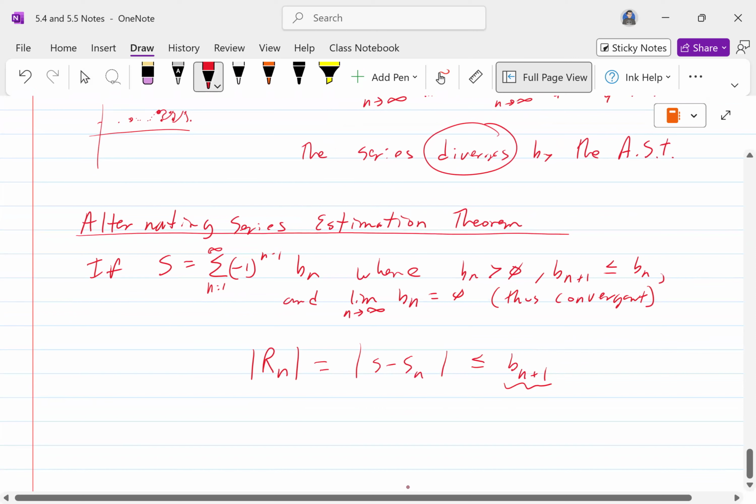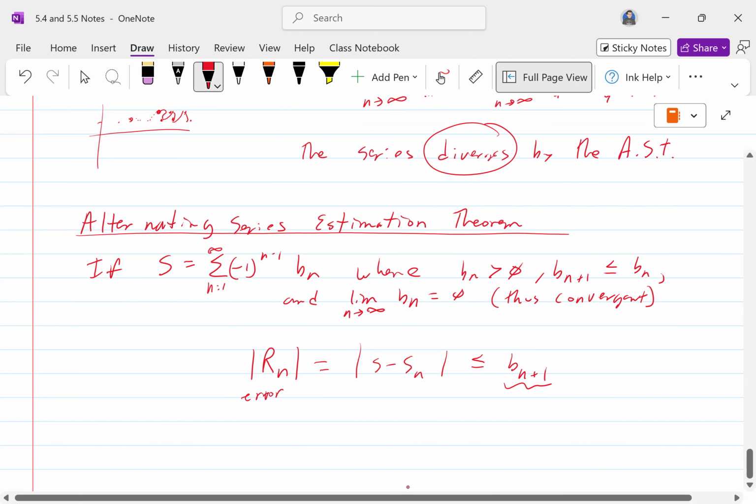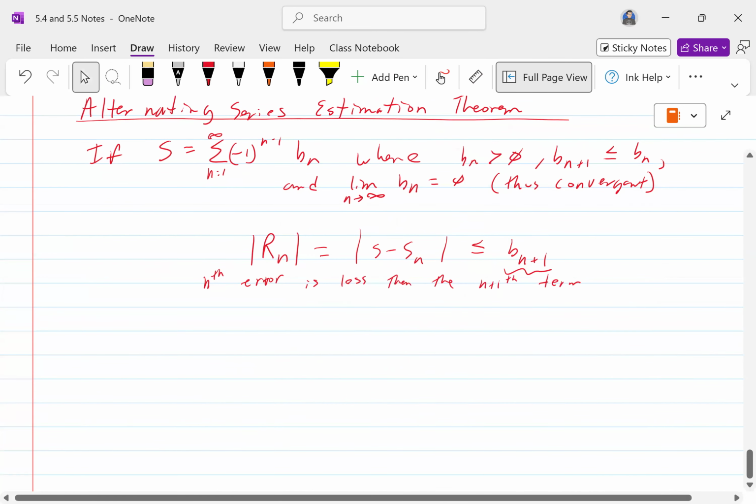So that remainder, or what we would call the error, is less than the (n+1)th term. The nth error is less than the (n+1)th term. Okay. So let's see how this works in practice.